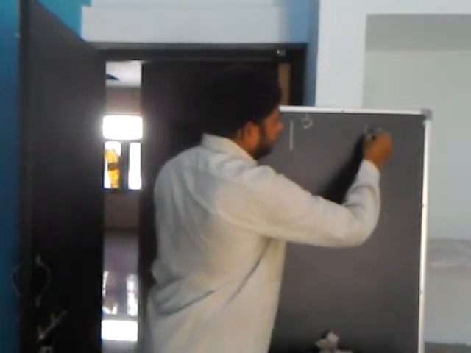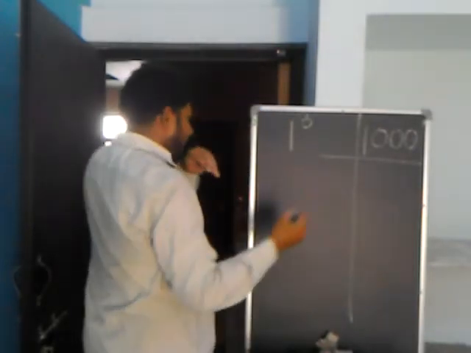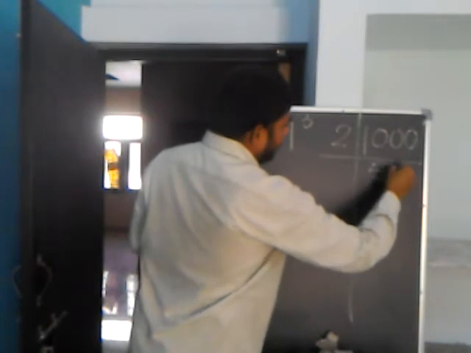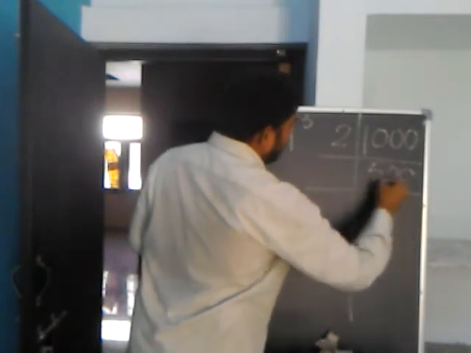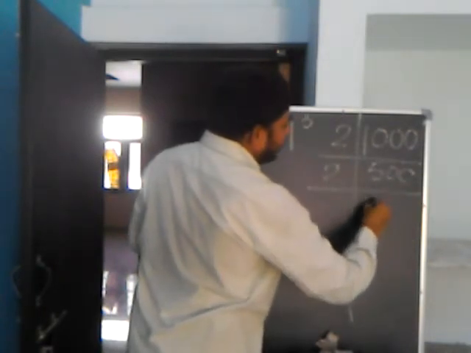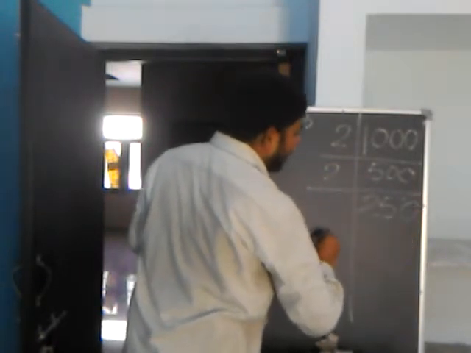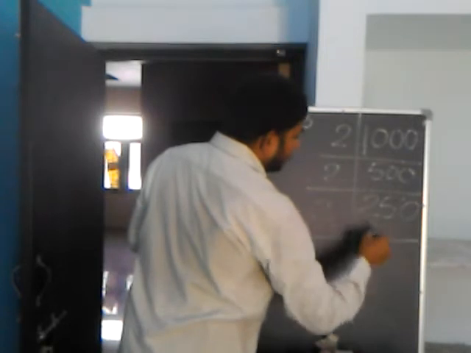Now I start factorizing 1000. Two fives are 10. 500, again it can be divided by 2. 250, again it can be divided by 2. We got 125.